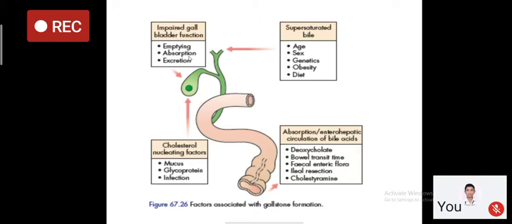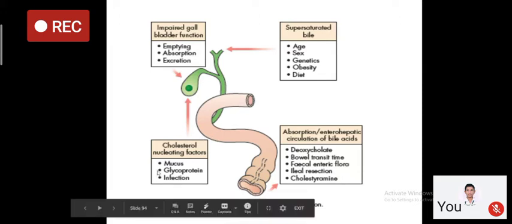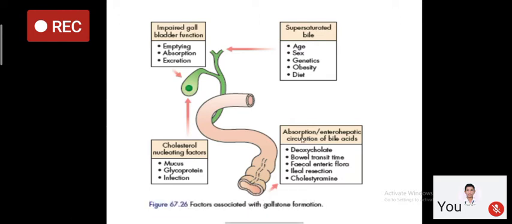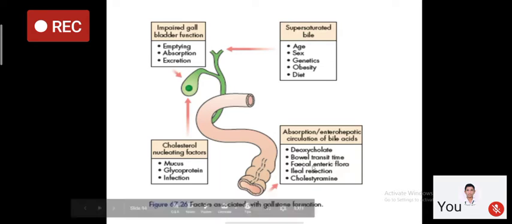Second, if there is any malfunction in the absorption in the gallbladder wall, as you know, the gallbladder wall secretes mucus. So if there is any abnormality in the mucus secretion or absorption in the bile, it will lead to gallstone formation. Then there are some cholesterol nucleating factors like mucus or glycoprotein, or infection in the gallbladder wall, or any defect in the enterohepatic circulation of the bile acid, like some drugs such as deoxycholate, increased bowel transit time, ileal resection or cholestyramine.